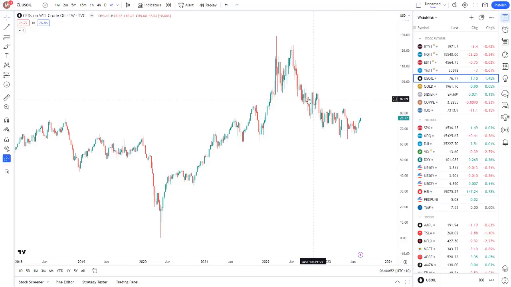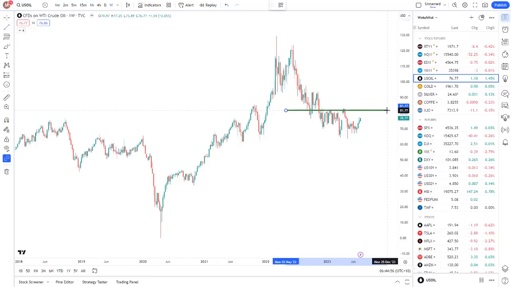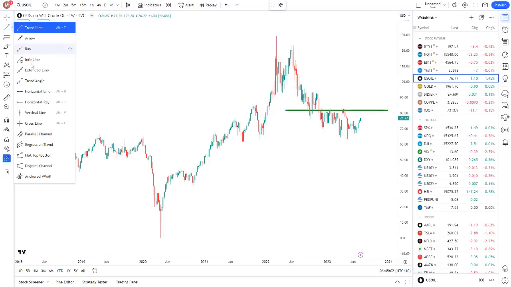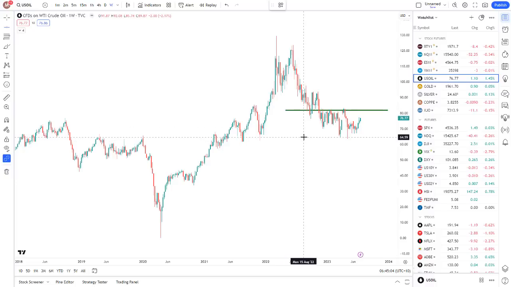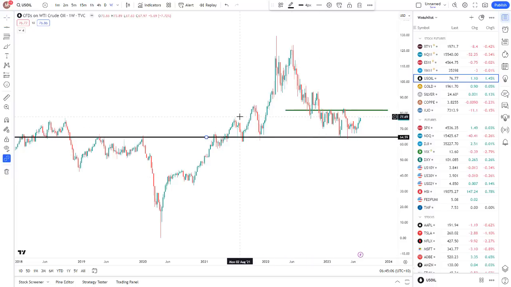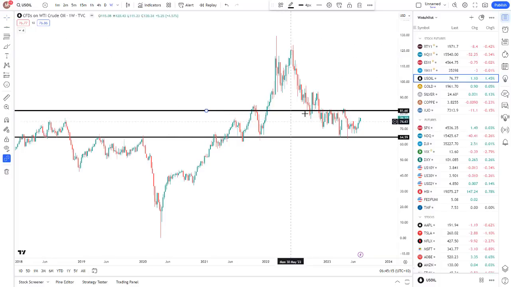I don't know whether it's going to be up or down, but we have a few levels: that level around 80, and the next level around 64, somewhere around there. So this is the whole area, and then possibly up through there.